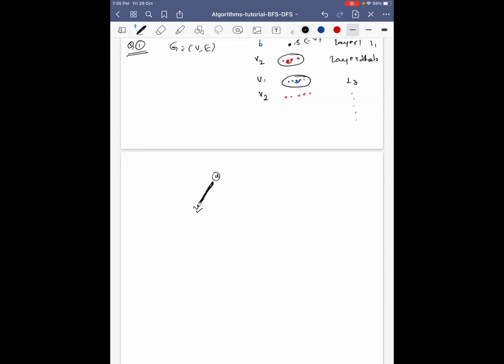Sir, but in an array, when we are storing a binary tree, for example, in the implementation of a heap, we had the children at 2i and 2i plus 1 positions. But here, sir, the number of children is not fixed.